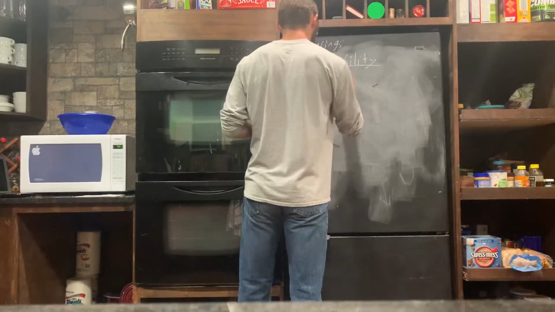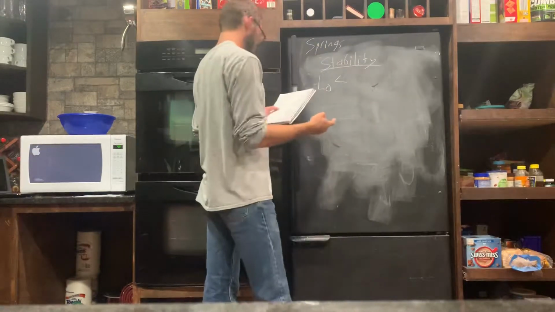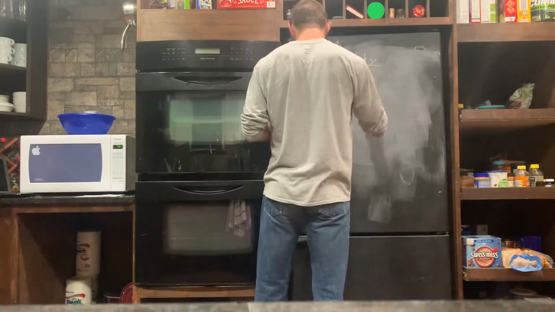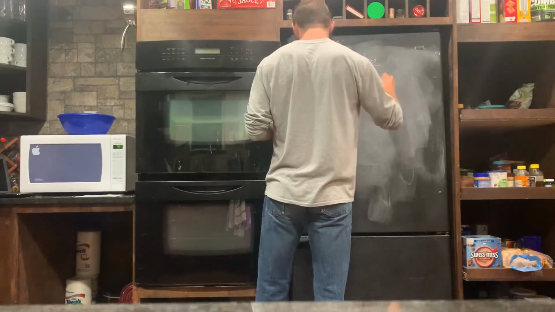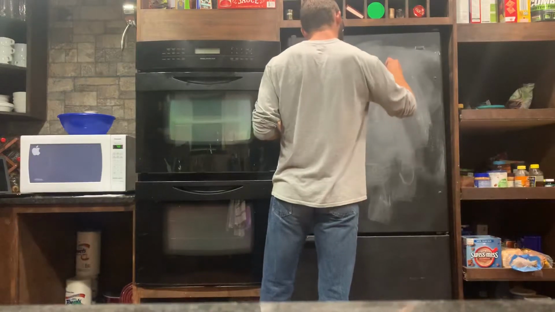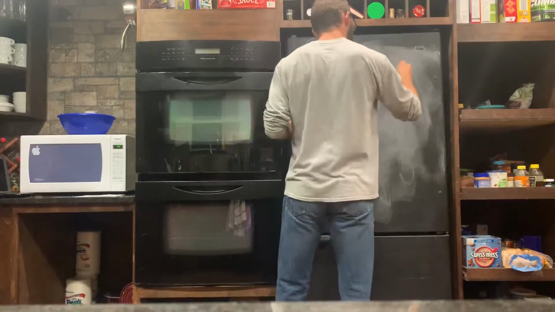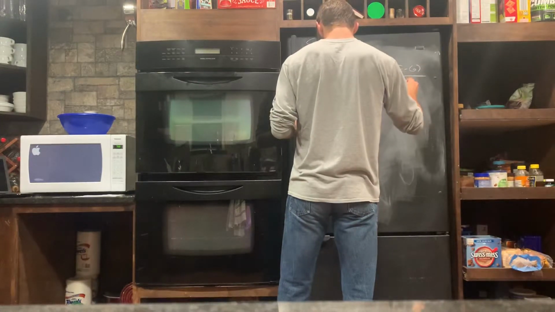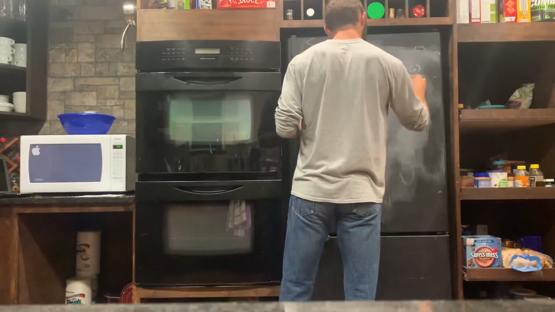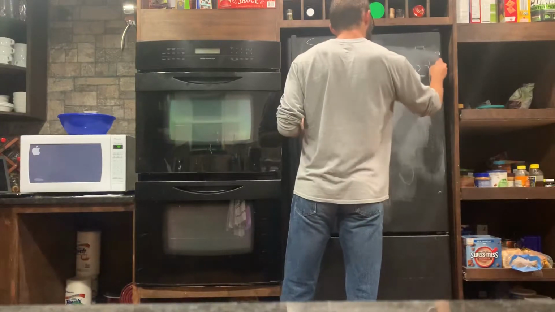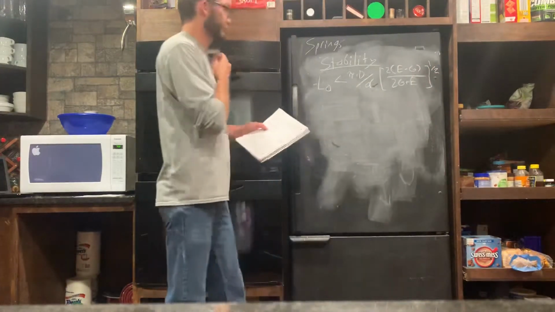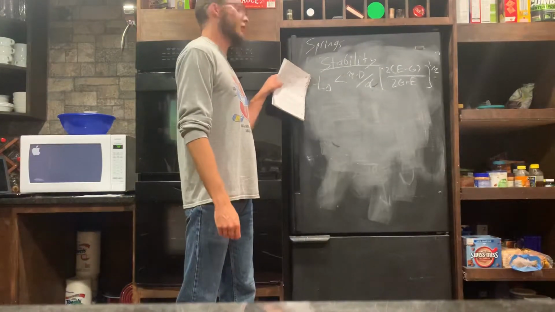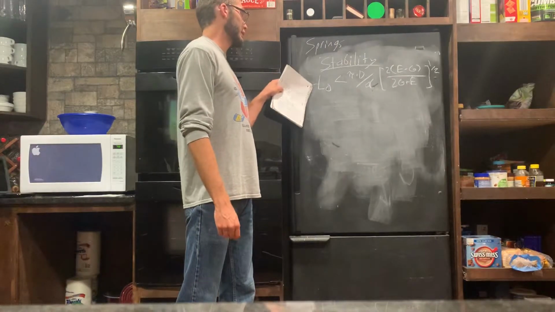L naught, which is the length, is less than pi times coil diameter over alpha, times the square root of 2 times E minus G, which is usually given to us, over 2G plus E. So we know all this stuff, and we can use that to solve for the maximum length of the spring.